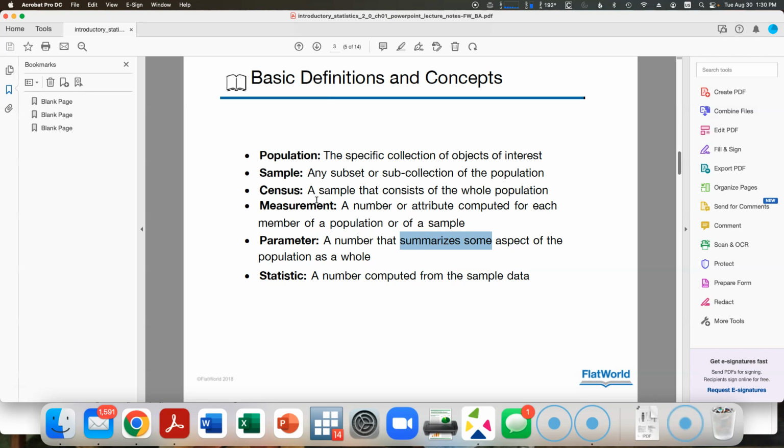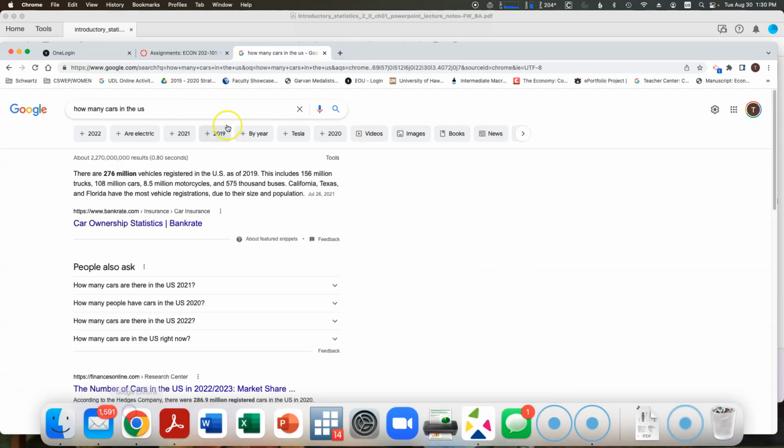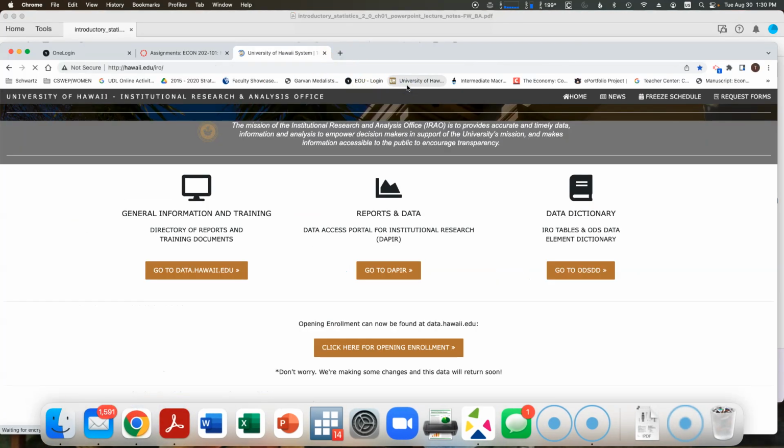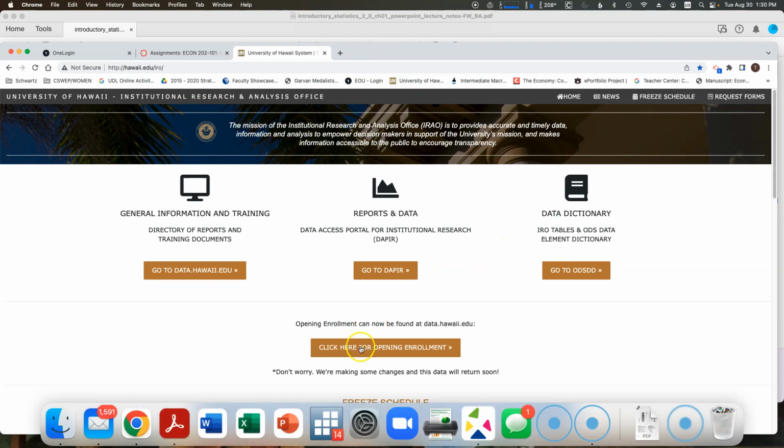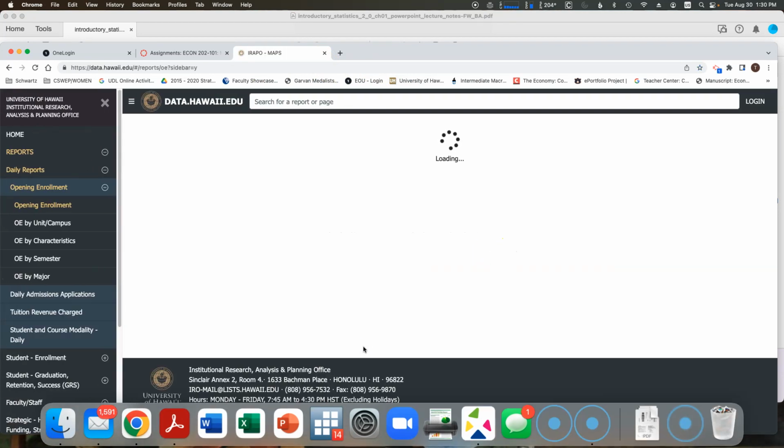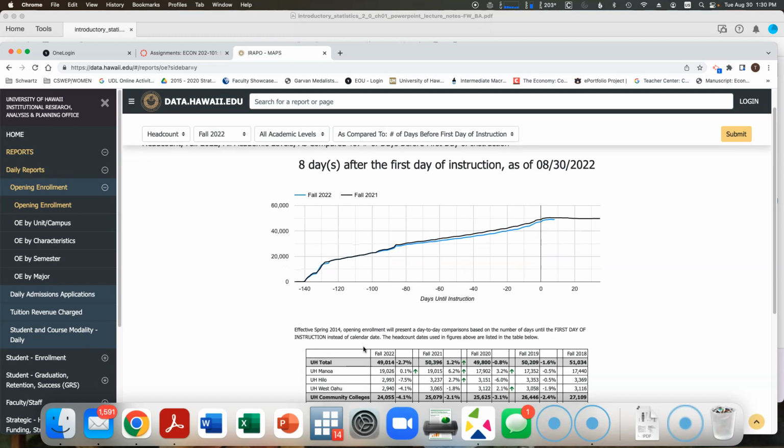The final definition from this slide is census. In some sense, a census would just be a sample where the sample represents the entire population. I've got a good one here. We have a census taken every day here at the university.